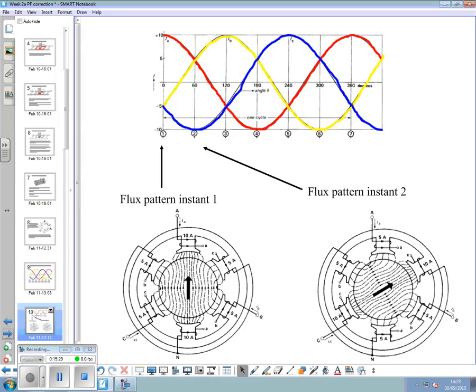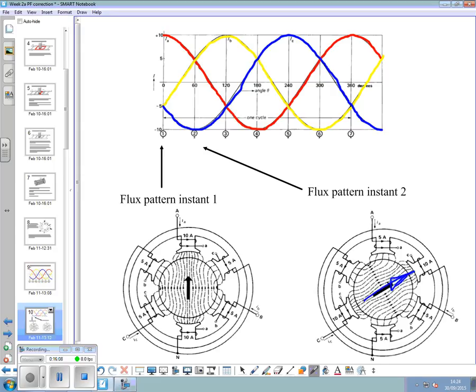So if we take the flux pattern at position 1, it's got the flux going through the rotor in that vertical position. That is the basic direction of that field. As we go round to the second position, because it's now the A winding that's fully energized, we've got a field in that direction.